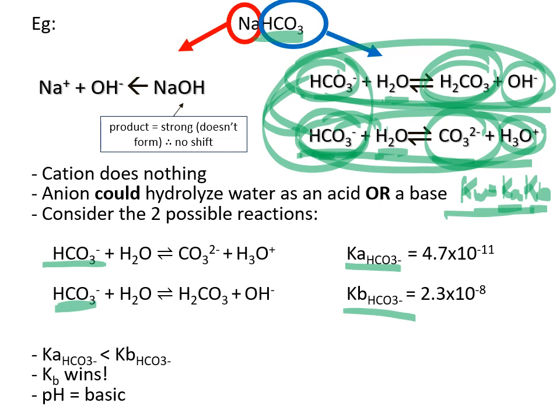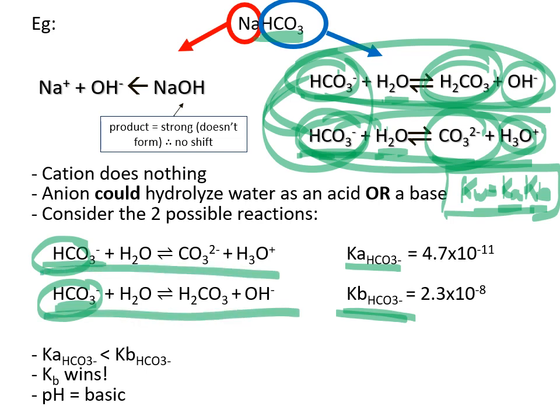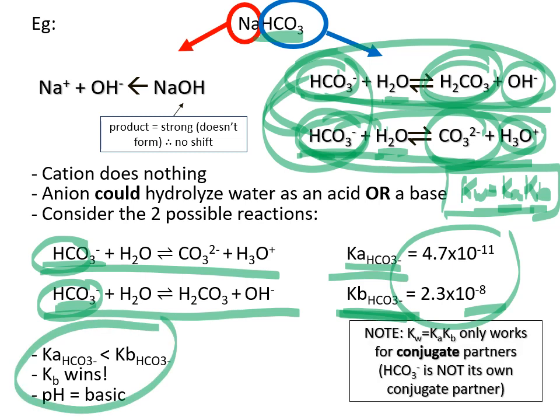You could use that to find the Kb value for HCO3, but Kw equals Ka times Kb is only for when you're talking about conjugate partners. In this case, you have to find the Ka and the Kb values for bicarbonate as an acid and as a base. They should be approximately these numbers here. Now, obviously, the Kb value is many times bigger than the Ka value, which means bicarbonate is a much bigger base, making the solution basic.